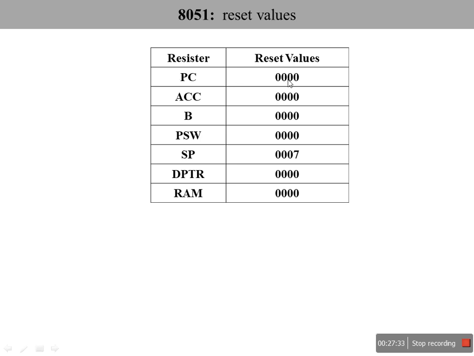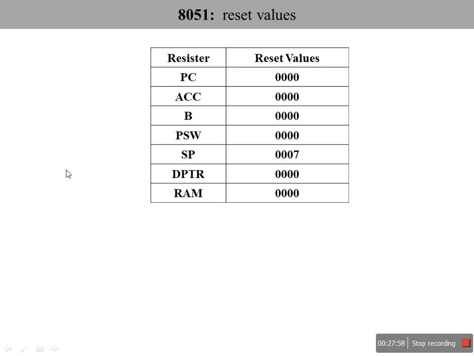The meaning of this is, when you give power supply, it is the program counter which is responsible to take the instruction from the ROM and give it to the decode unit. So upon giving power supply, the program counter is loaded with 00. It is implicit that the program counter goes to the 00th location in the memory, gets the data from that memory, which is generally an opcode, and gives it to the decoding unit.